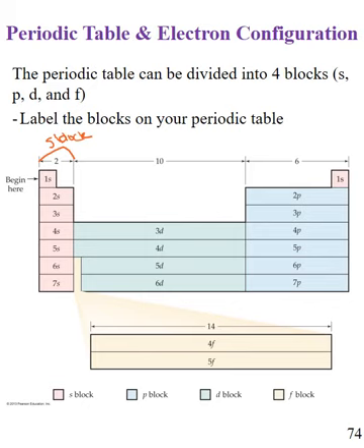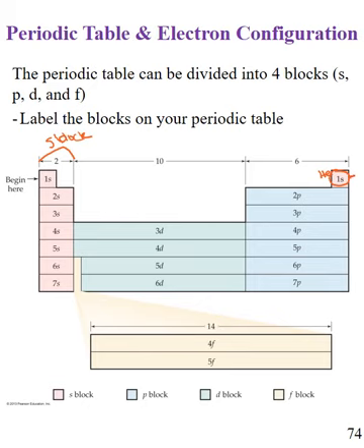Okay, and also we have a kind of an exception. This one is really weird. What element is this one? This is helium. Helium is an S as well, so I want you to write S for helium.